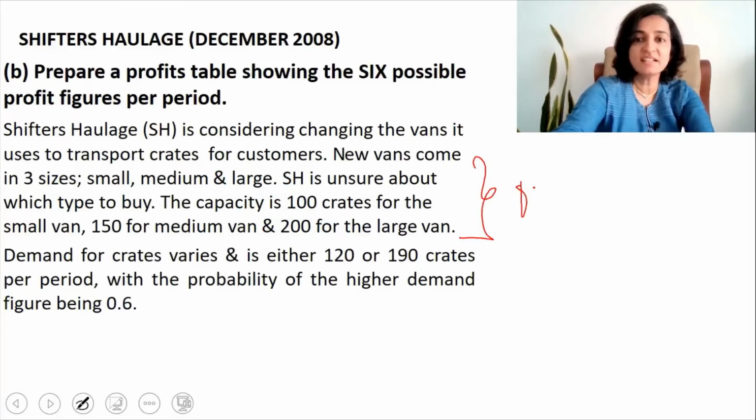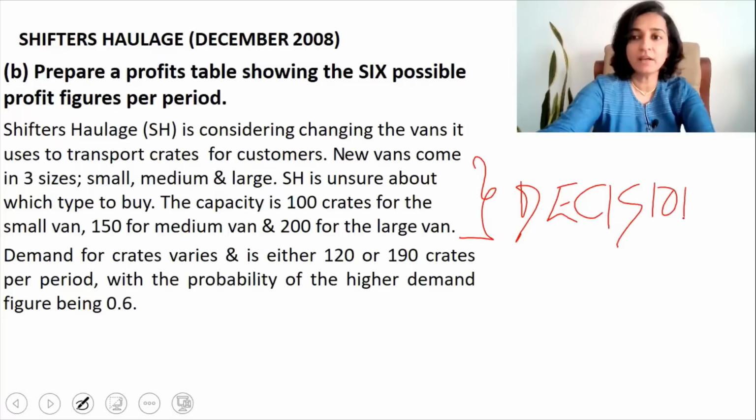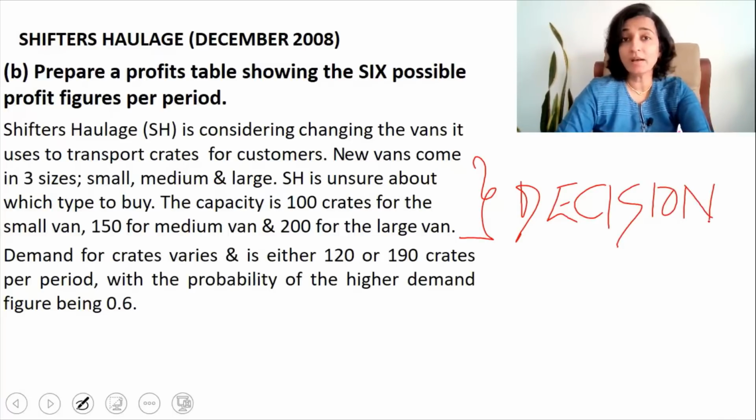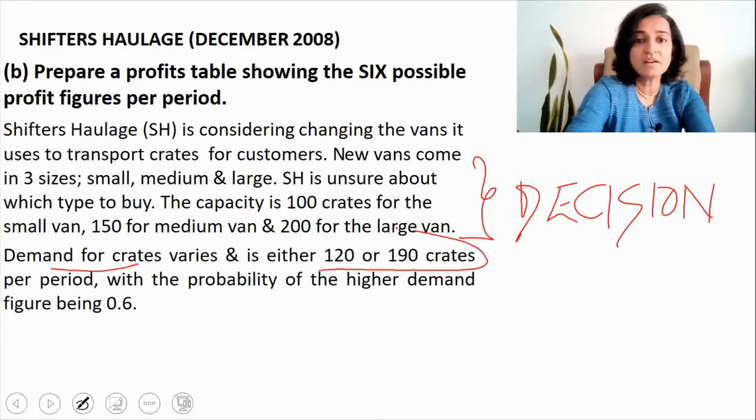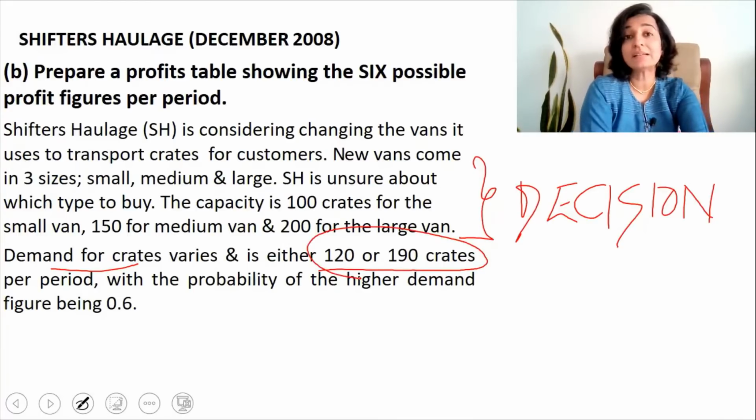So this is the decision that we have to take. What is the decision? Whether we have to buy a small van, medium van, or a large van. Now coming to the uncertainty part. The demand for crates varies and is either 120 or 190 crates. So we are unsure as to whether the demand will be 120 crates or 190 crates. That is nothing but the uncertainty.